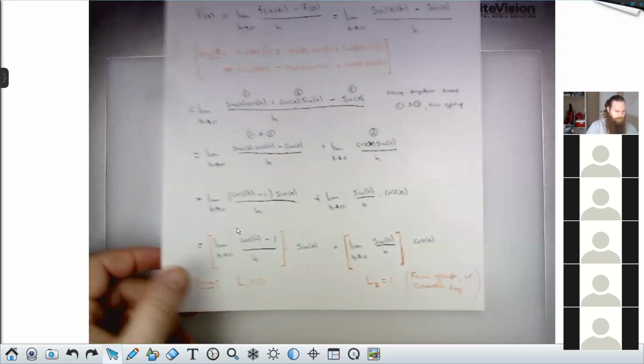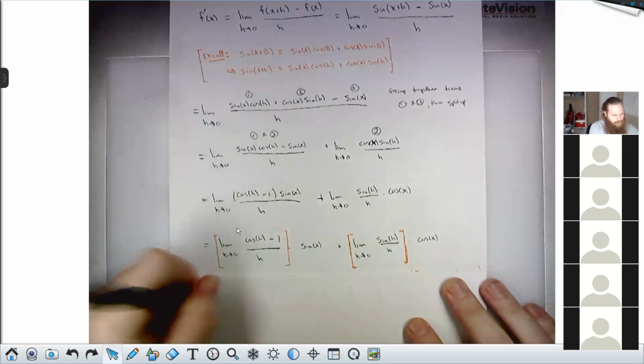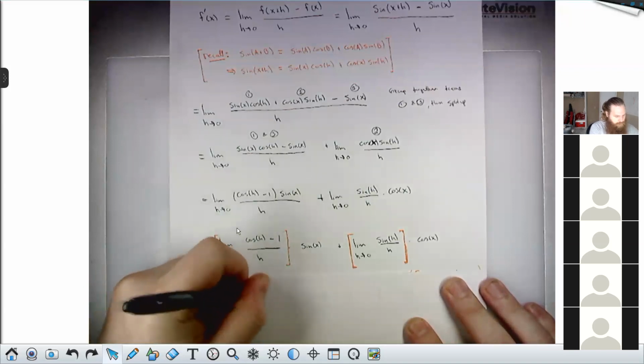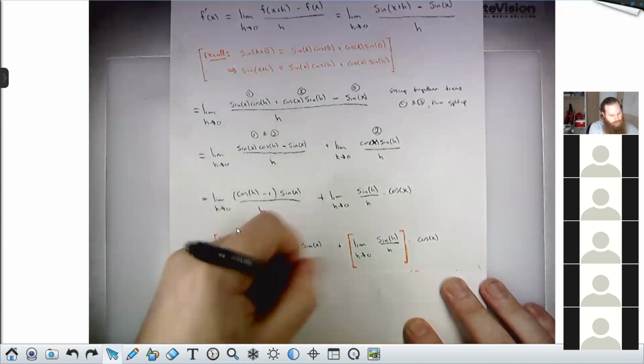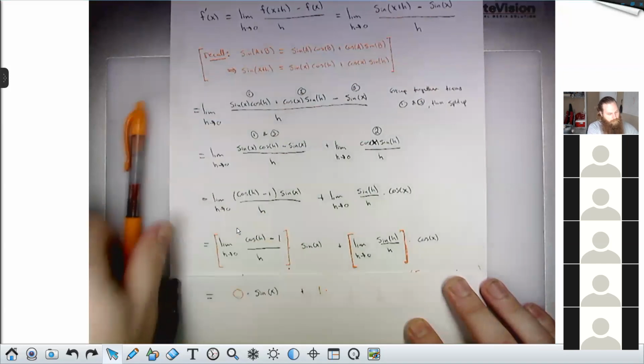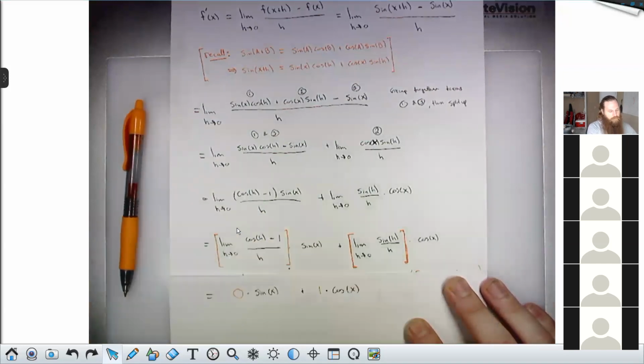All right. So what do we have here? Since this first guy is 0, and that second guy is 1, I get 0 times sine of x plus 1 times cos of x.